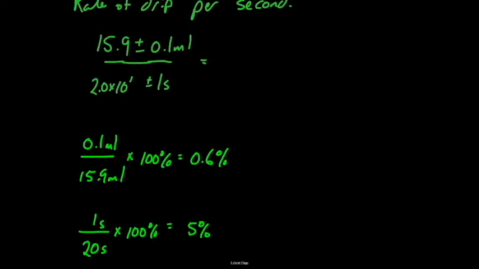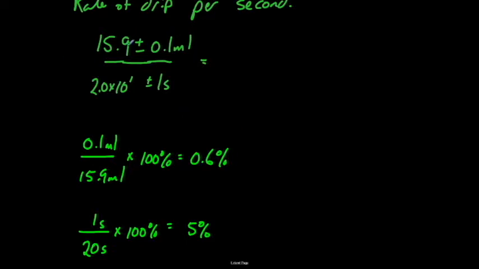Okay, so continuing our propagation of uncertainty that we did last time. 15.9 milliliters of water plus or minus 0.1 mL, because our graduated cylinder is in 0.2 mL increments.